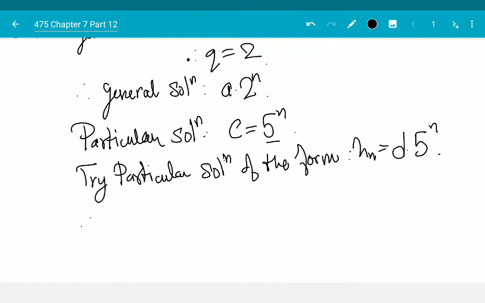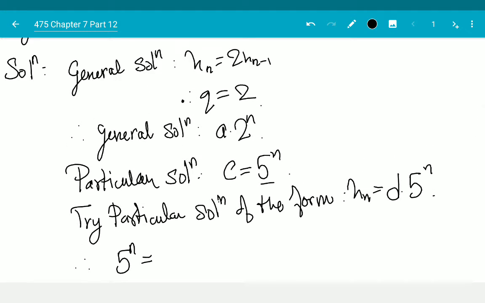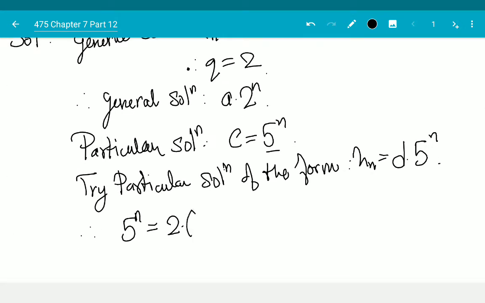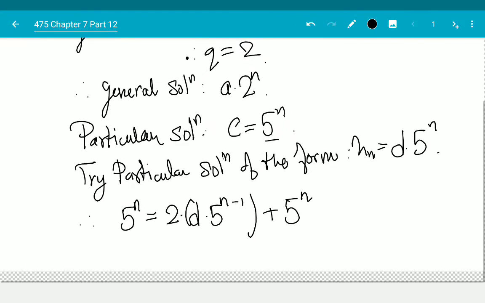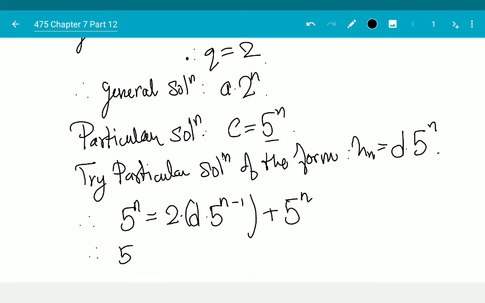Okay, therefore, what do I get? d times 5 to the n is equal to 2 times d times 5 to the n minus 1 plus 5 to the n, right?